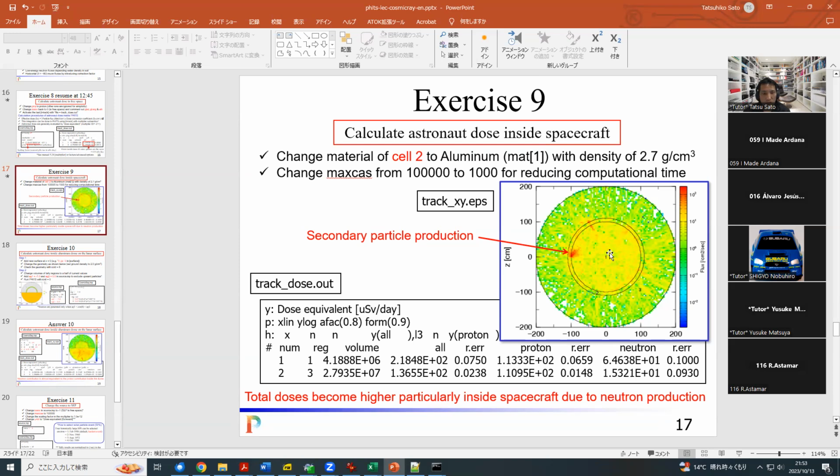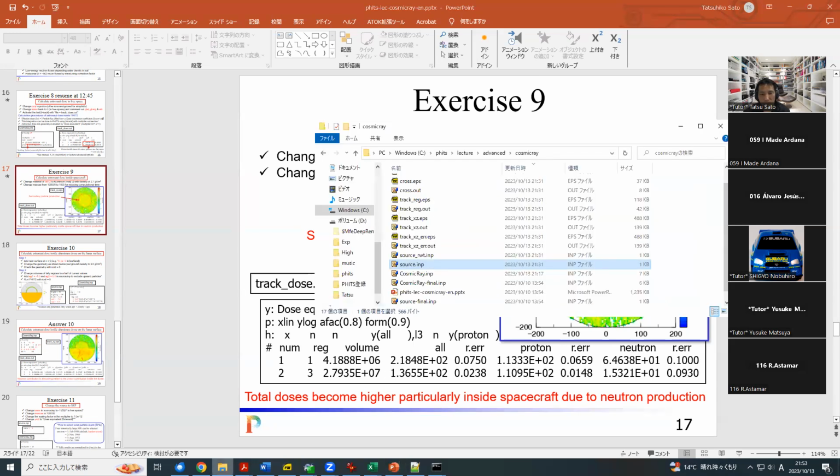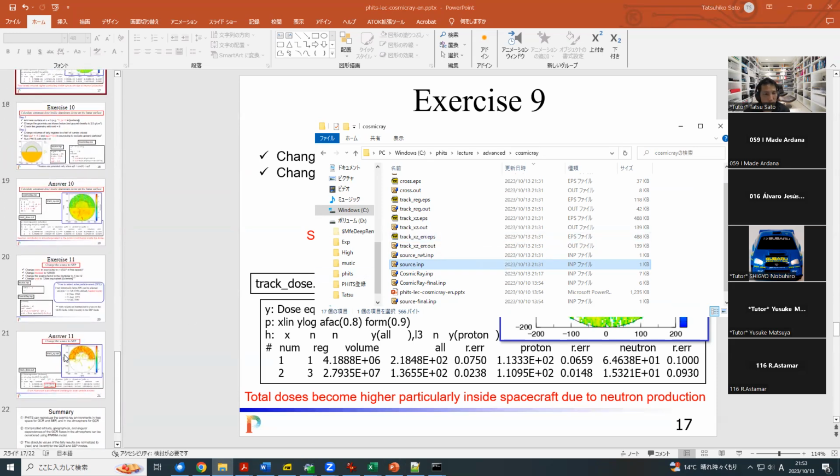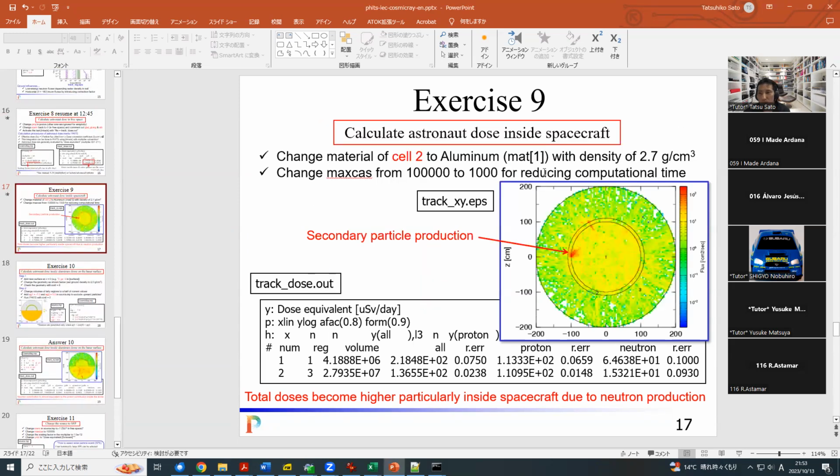Okay, so I would like to show the answer here. And actually, this is the last exercise. We have two more exercises, but we don't have enough time. So this will be the last exercise, and I would like to show the answer.